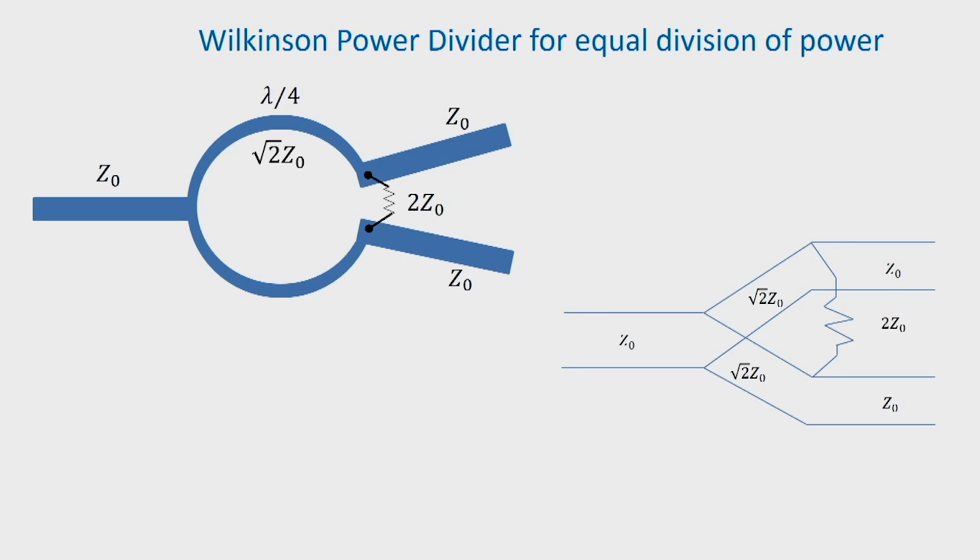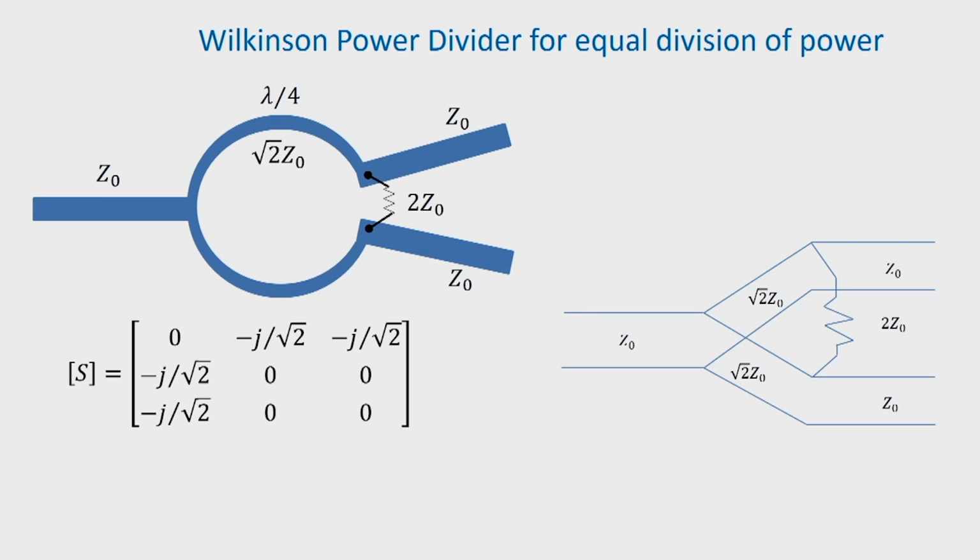Now, if we consider the S parameters for this type of equal power divider, this type of Wilkinson equal power divider, we get the S matrix as S11 is 0, S22 is 0, S33 is 0.